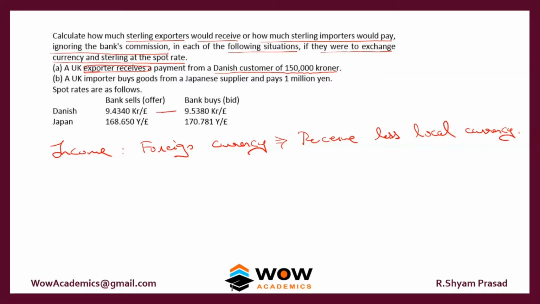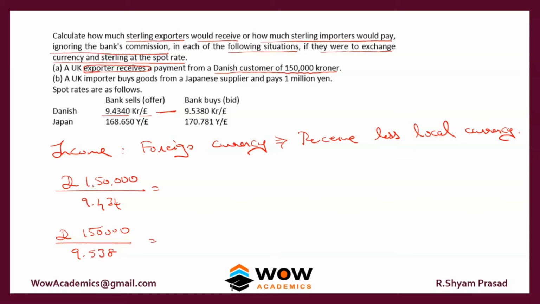There are now two rates here for Danish. Before working out, we'll find out that the Danish is always a higher number when compared to the pound. So should we divide or multiply? We should divide the krone, then only we'll get a lower pound. So we'll take 1,50,000 Danish currency divided by 9.434, or the other option, 1,50,000 divided by 9.538.